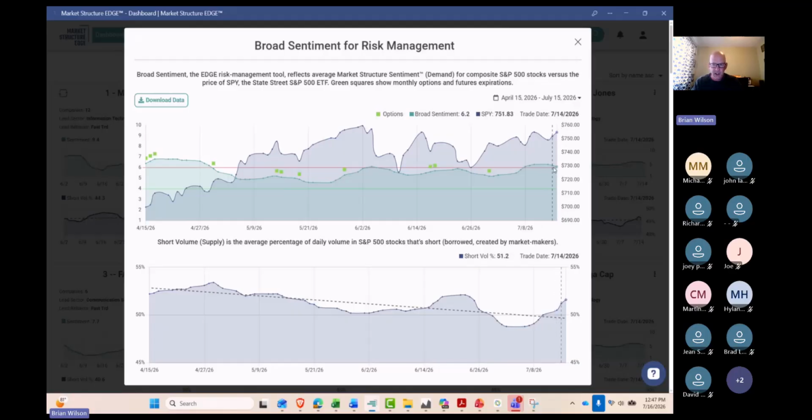So sentiment is declining, going to move below that red line. Short volume is increasing, whereas short volume was moving lower for big tech. So there are differences right now in terms of the overall setup for big tech and certainly for the broad market as well. And this actually brings me to my look ahead.